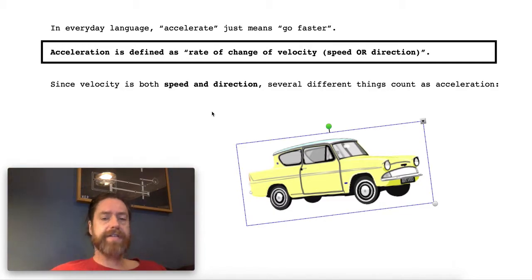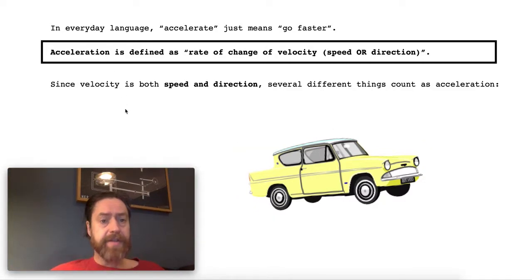And the way you'd answer that is you would say, okay, well, as it's going around the corner, its direction is changing. And if its direction is changing, its velocity is changing. And if its velocity is changing, it's accelerating. So it might be worth stopping and making a note of that quickly as well. And if you want to hear that again, you can just rewind.